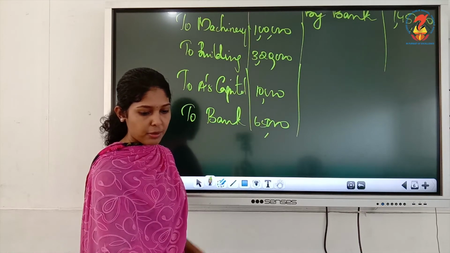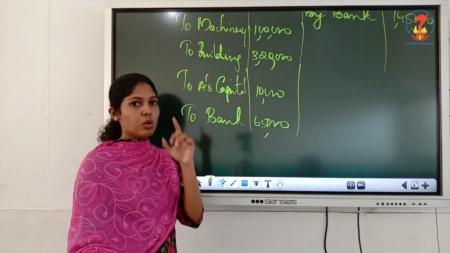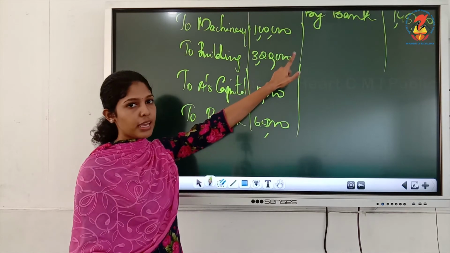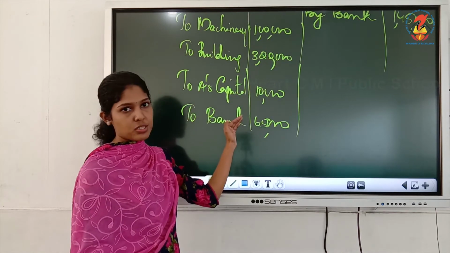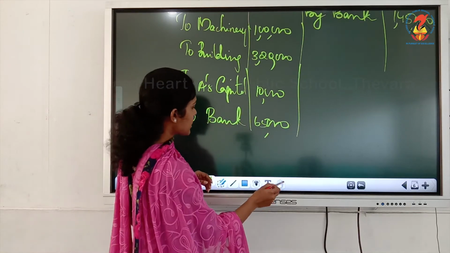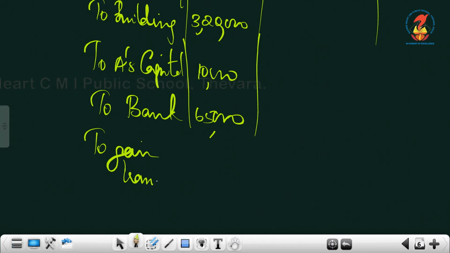Then what else is there? Okay, now adjustments are over. You have to check one more item, whether all external liabilities are paid. Here we have only one external liability, that is creditors. We paid it already. So nothing else is there. So now you can close this account, find the balancing figure. It is gain here. So find the balancing figure and close it.